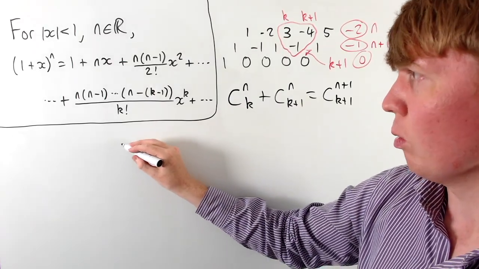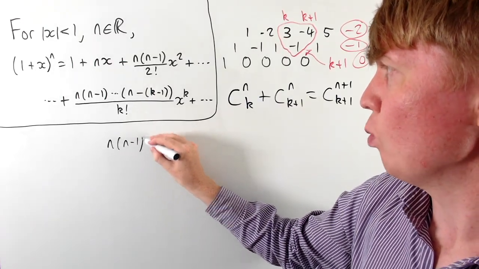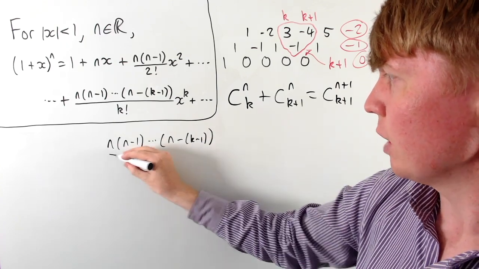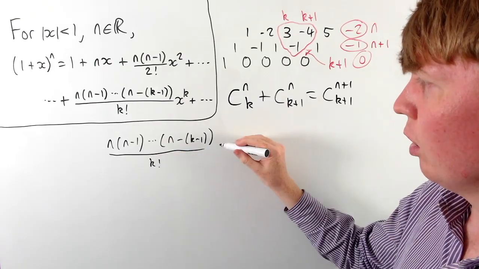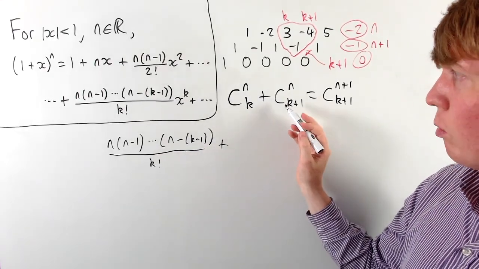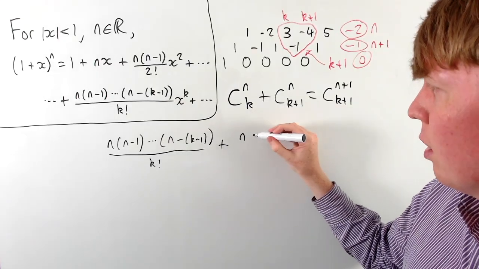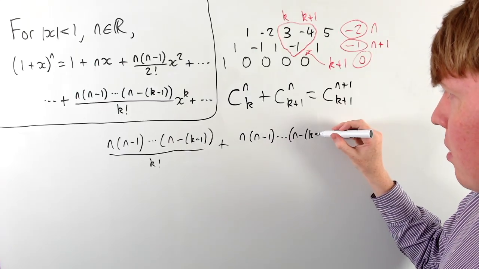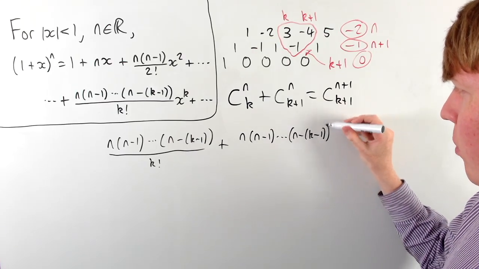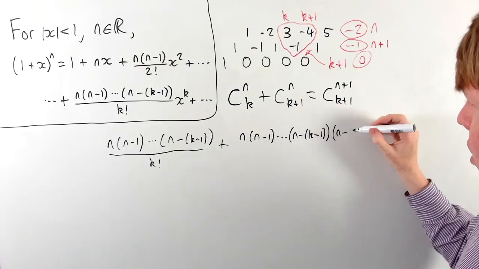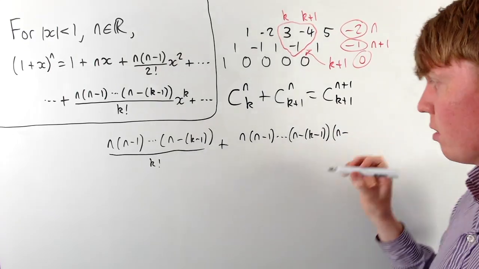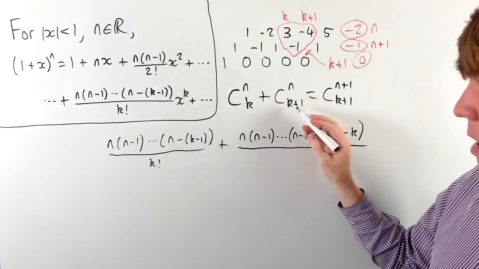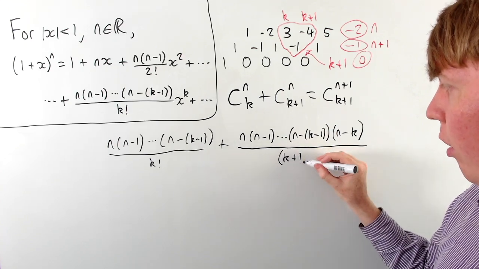So what we want to show is that n times n minus 1, and so on down to n minus k plus 1, all divided by k factorial, when we add this to the next term, so we replace k by k plus 1, so we go down from n, n minus 1, all the way down to n minus k plus 1, but then we've also got n minus, it will just be k plus 1 take away 1, so just n minus k is our last term. And because we replaced k by k plus 1 here, we've got k plus 1 factorial.